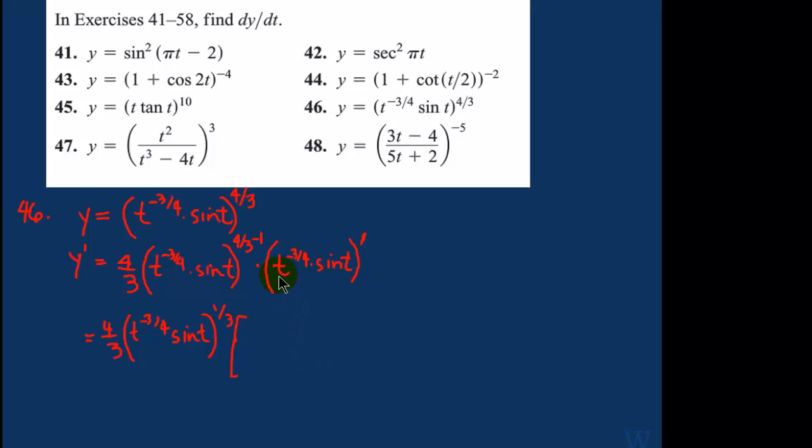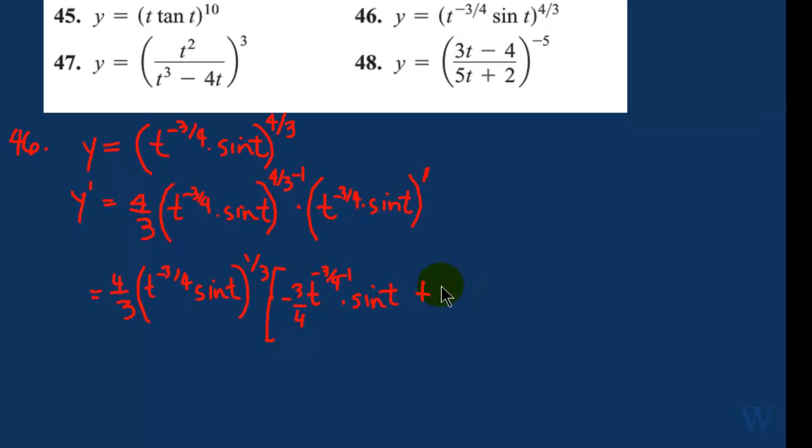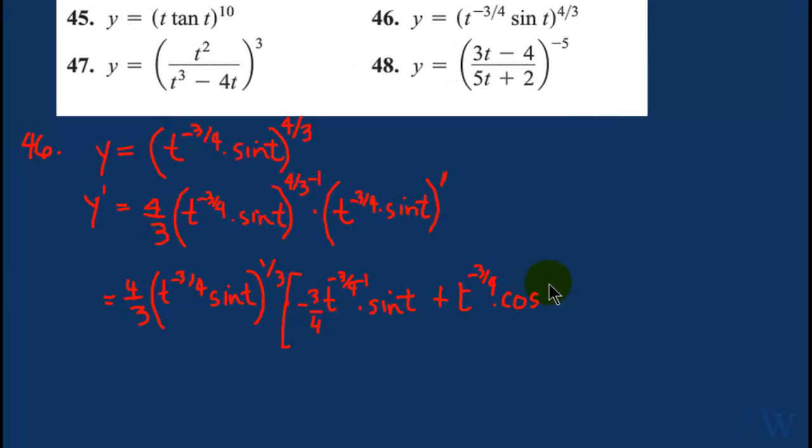So first, let's take the derivative of the first term, minus 3/4 t to the minus 3/4 minus 1, multiplied by sine of t. That's the first part. Plus, we take t to the negative 3/4, this time multiplied by the derivative of sine t, which is cosine t.